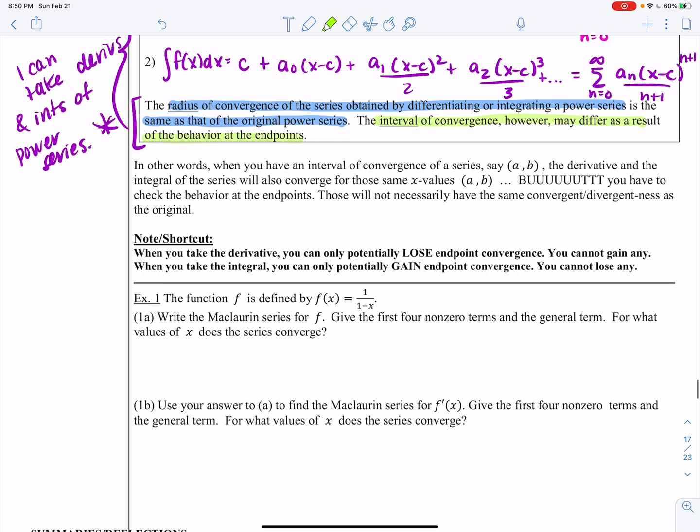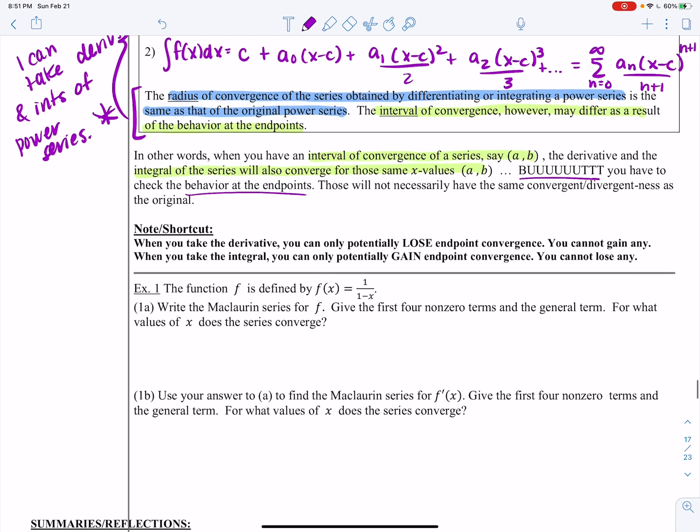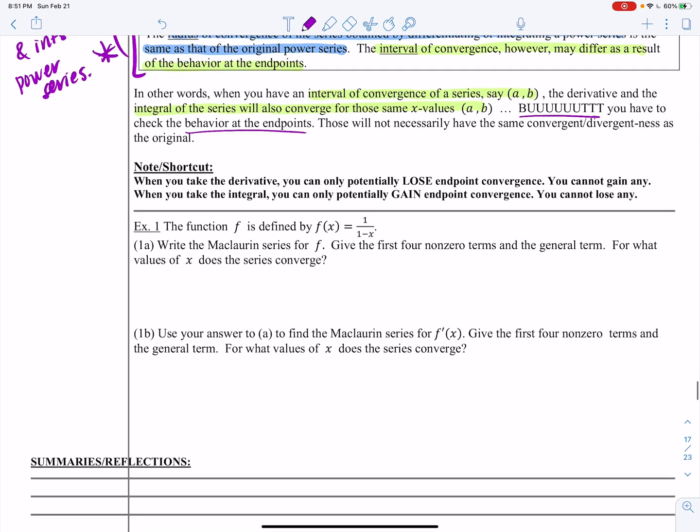So in other words, when you have an interval of convergence of a series, the derivative and the integral of the series will converge for those same values, but you have to check your endpoints because those will not necessarily have the same convergence and divergence. Big idea, always check your endpoints. Now, this is not true if it's geometric. Geometric, remember, we don't care about the endpoints. But if it's not geometric, you have to check the endpoints.